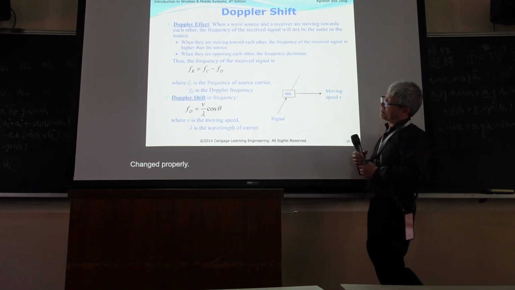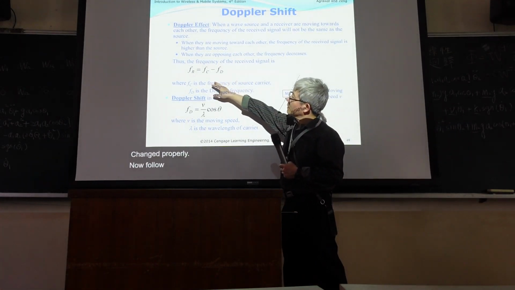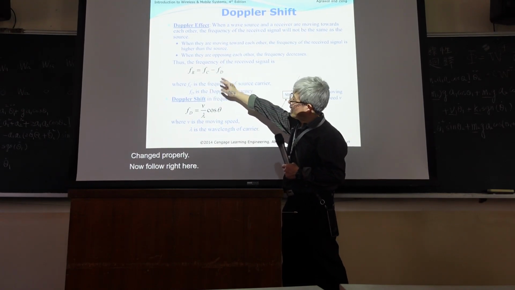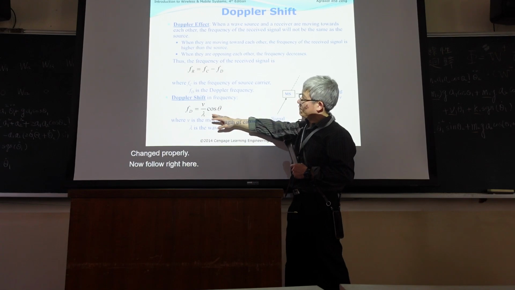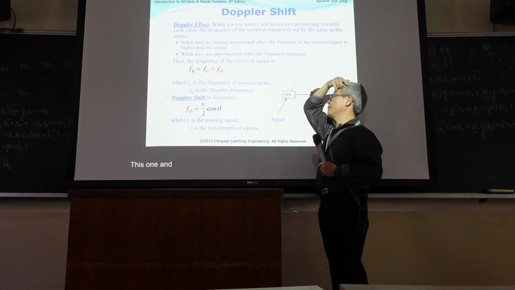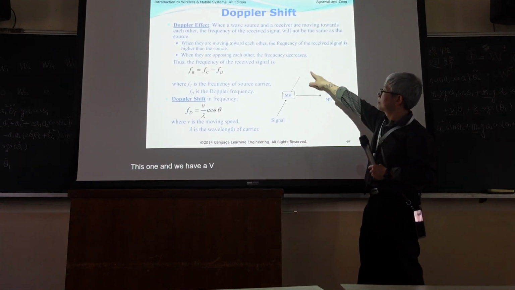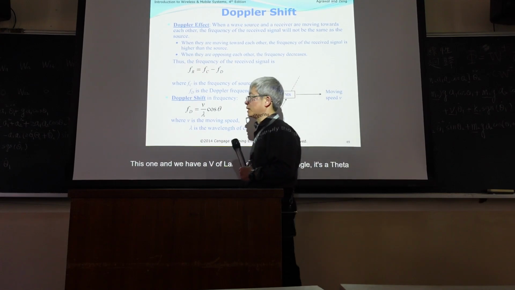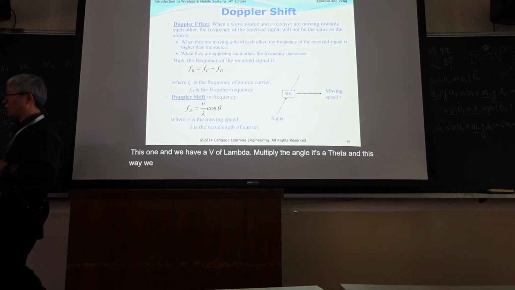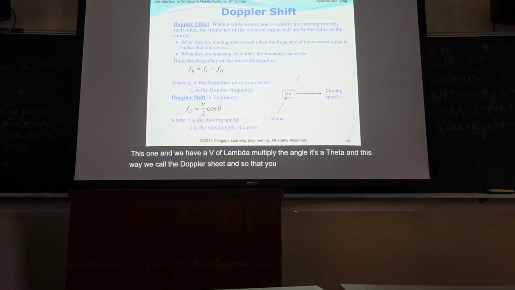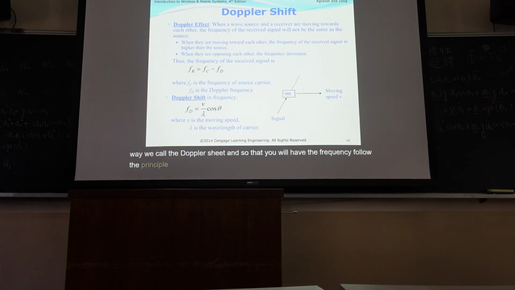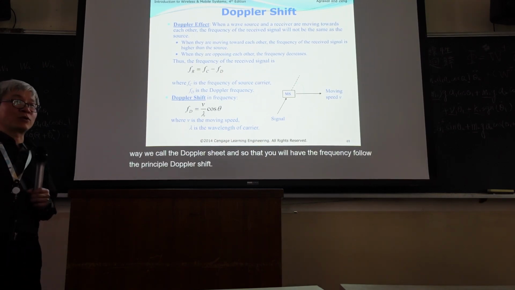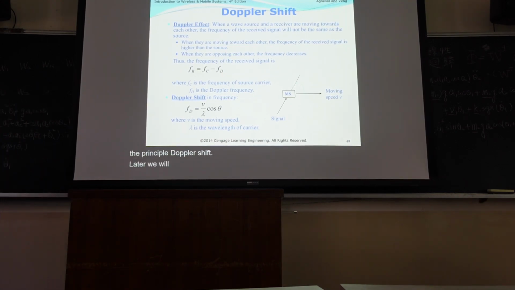The formula here: carrier frequency minus this one, and we have v over lambda multiplied by the angle theta. This is what we call the Doppler shift, so you will have the frequency shift following the Doppler shift principle. Later we will use it, so you can check this one properly.